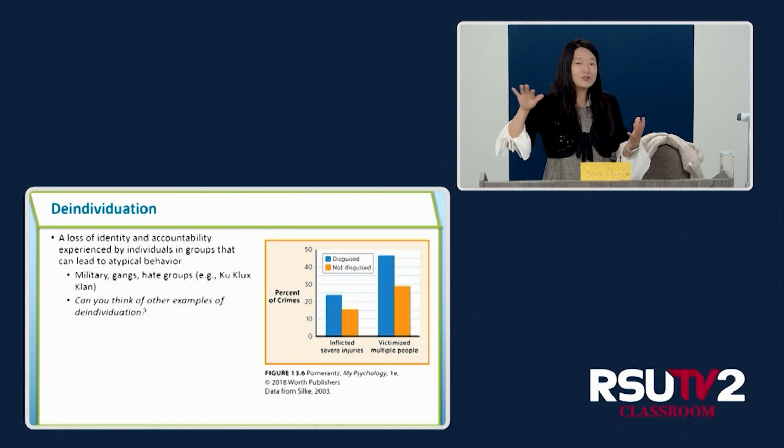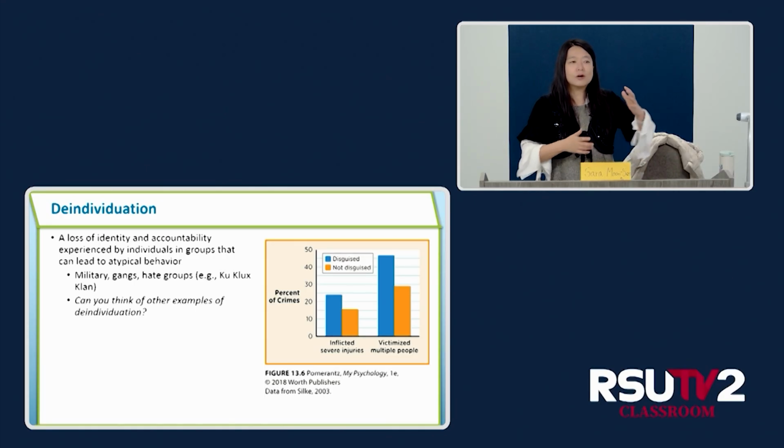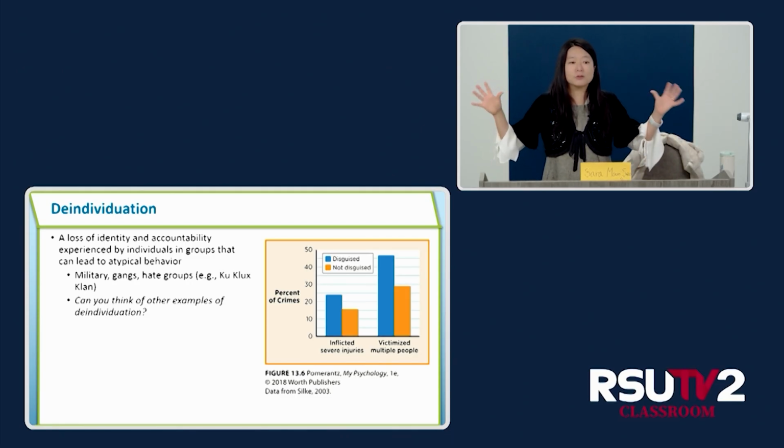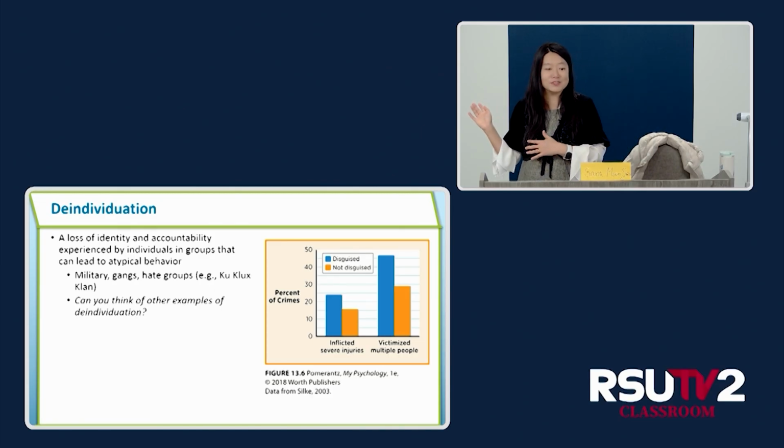So usually you do not sing and maybe dance, but at that moment, maybe you can do that, because nobody will recognize you. Those are more like de-individuation, which can be part of the military and gangs and maybe hate groups. I mean, those are really negative situations, but you are in a concert. Maybe you are in a big lecture auditorium. Nobody will recognize you individually, so you may behave differently, possibly, right?